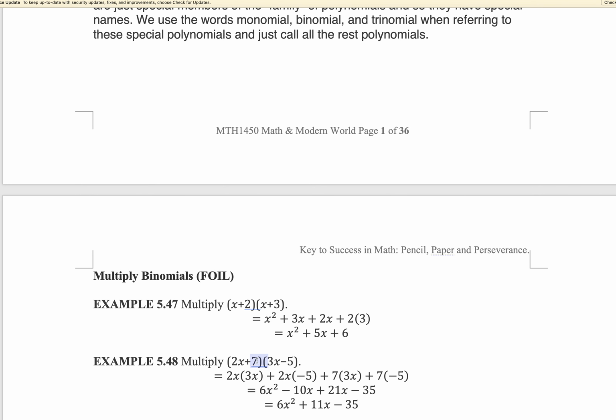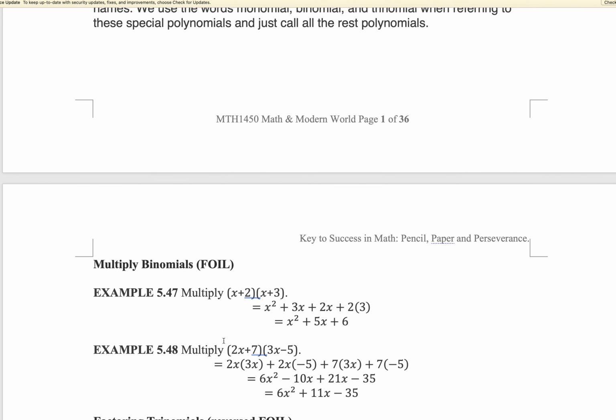And let's take a quick look at the multiplication of 2 binomials first. Hopefully you still remember the so-called FOIL rule. This example should be very simple. We are considering x plus 2 times x plus 3. The first term is the product of the 2 first terms. In this case, for both parts, the first term is x.